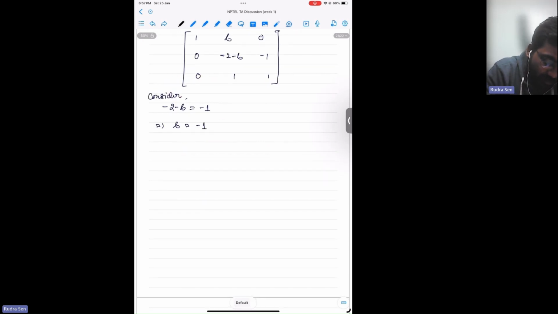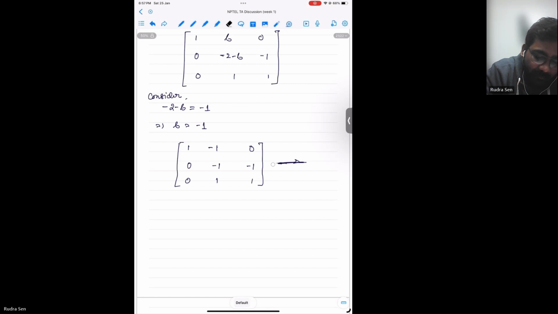If we choose b equals minus 1, the matrix is 1, minus 1, 0; 0, minus 1, minus 1; and 0, 1, 1. Again we do a row operation because we need an echelon form: row 3 becomes row 3 plus row 2.